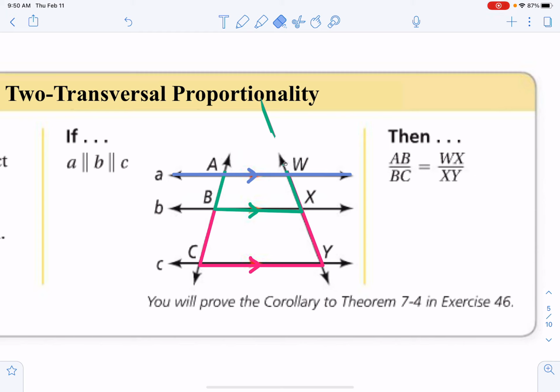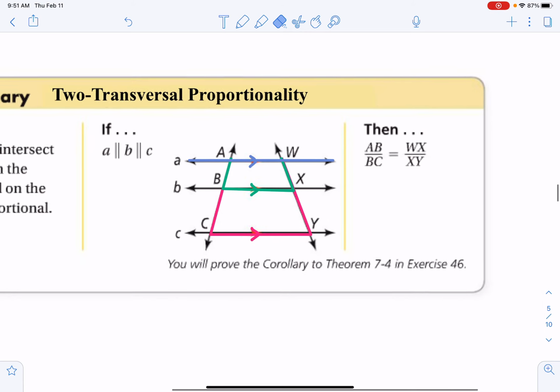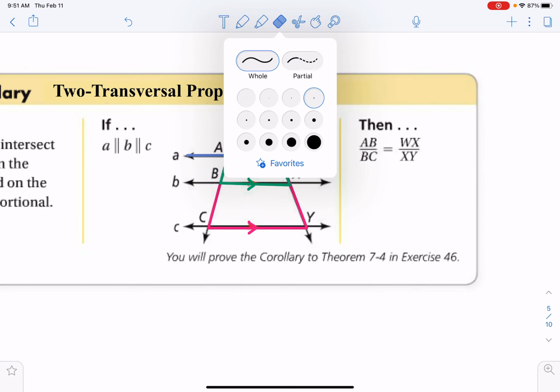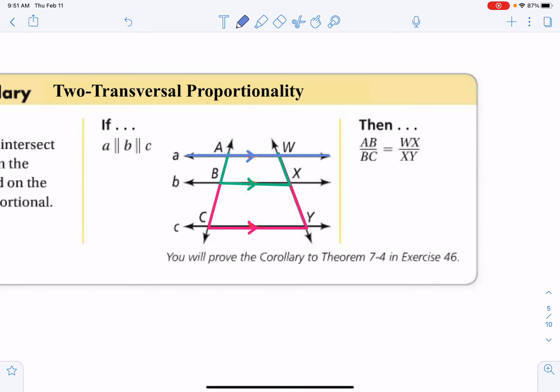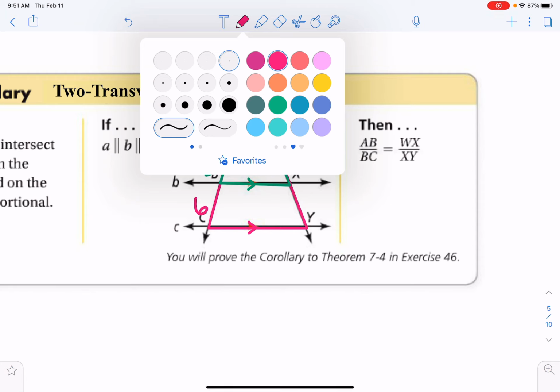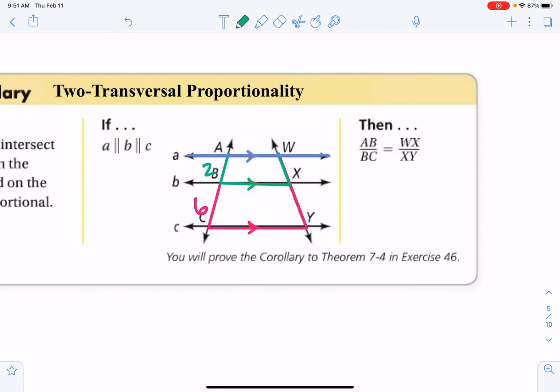So it's just like the other one. It just has the top of the triangle kind of cut off. So what they're saying there is this ratio, let's say if this was 2 and this was 6, if this was 3, this would have to be 9.